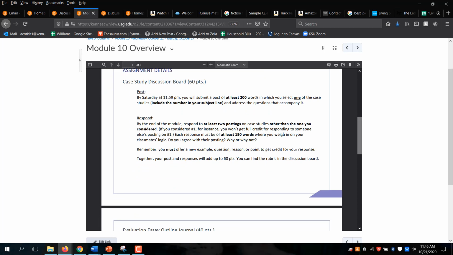In the discussion board, you're going to read the case studies and choose one that you're going to address. Please make sure you include the number of your case study in the subject line, not just at the top of your posting, but in the subject line. And then you'll respond to other threads that address different case studies from the one you focused on.